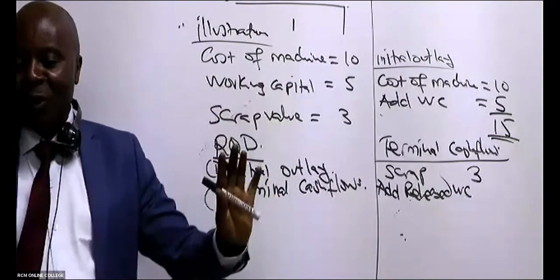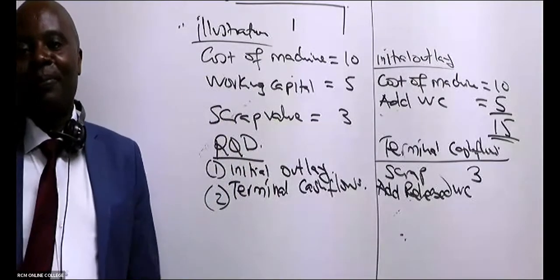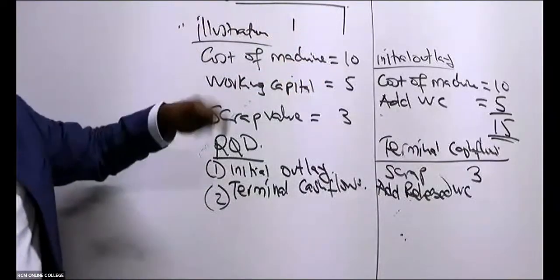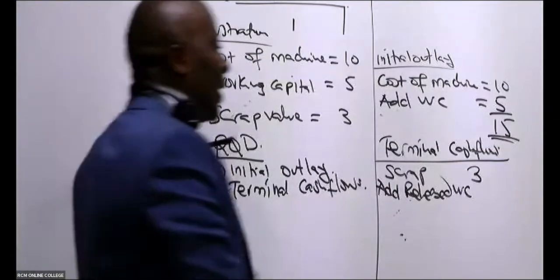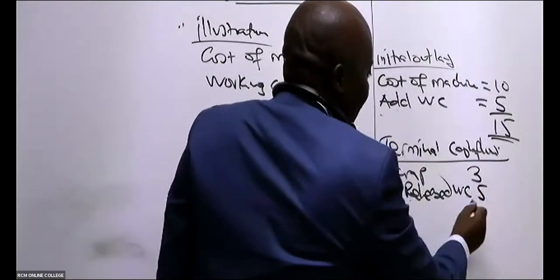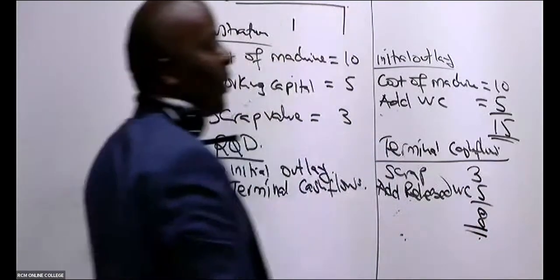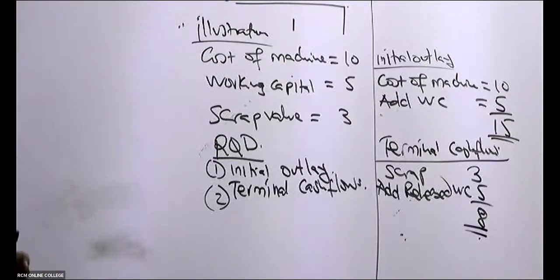The working capital that you injected at the very beginning will come back to you when you sell the machine and exit the business. Unless you're told that there is inflation in it, working capital will always remain the same. So 3 plus 5 gives me 8. This is very, very important.